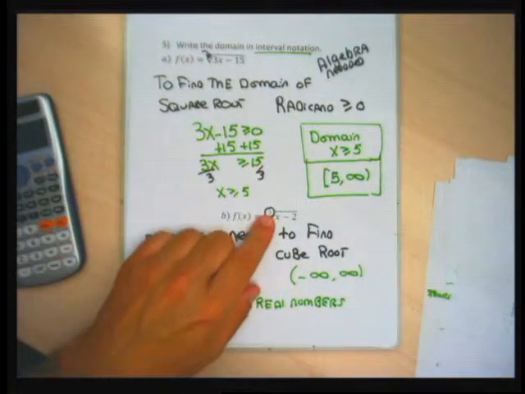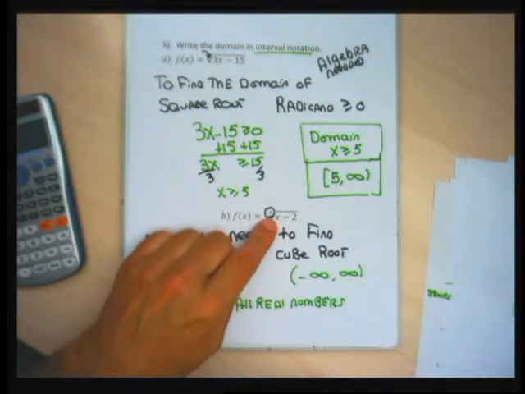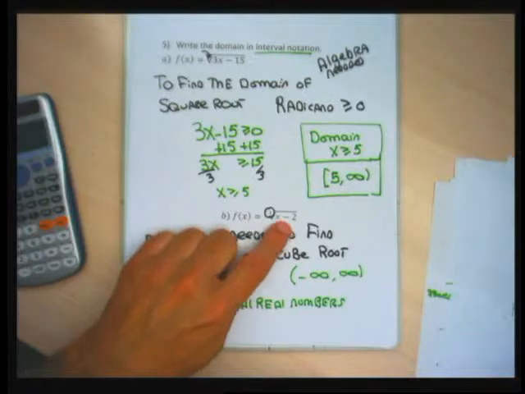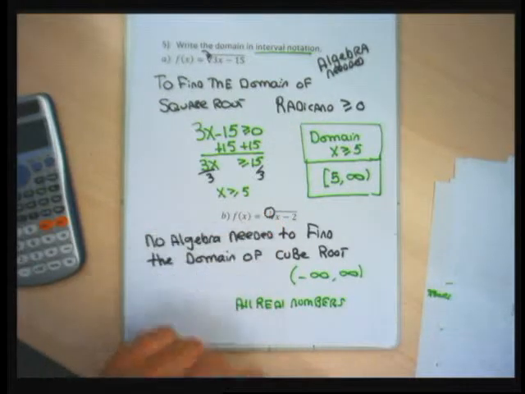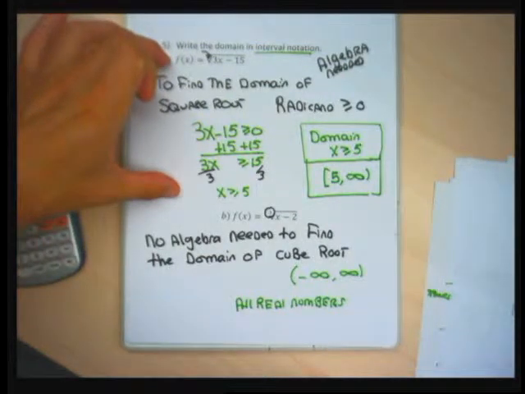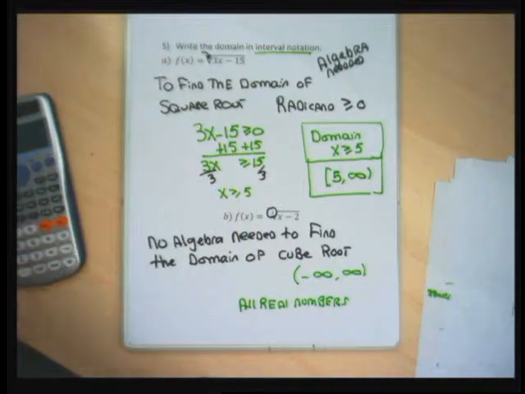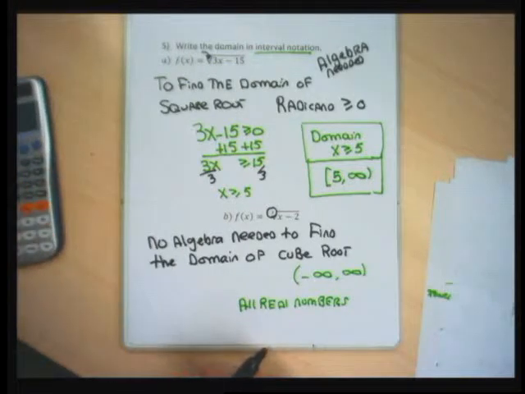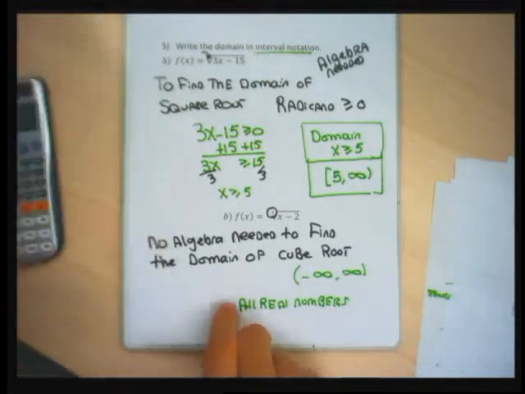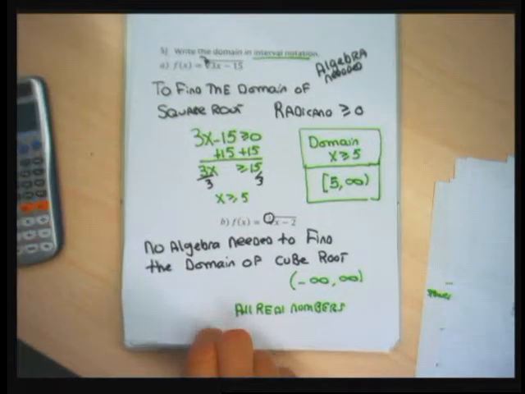Of the 25, 18 students will make this mistake and show a 2 in their answer if this was a test question on the domain of a cube root. Most students get the domains of square roots right, but they want to do cube roots the same way as square roots, and that's not the same. If you need to, you can review the video. It's in section 4.3, kind of in the middle of that lecture. I did a bunch of domains with square roots and cube roots.